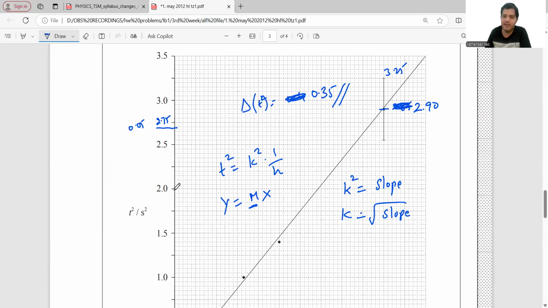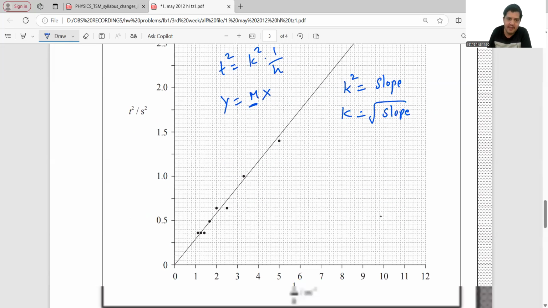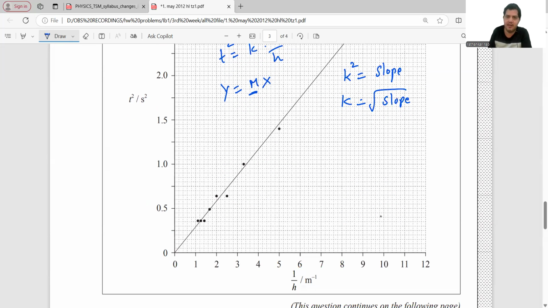So let us find out what is the value of the slope here. I have to take 2 points, anywhere I can take. There's no restriction. So what I will do is take this point here, which corresponds to 4, and one more point corresponding to 6 here. These 2 points I take, and I will draw a triangle here like this. Now, what is the value?